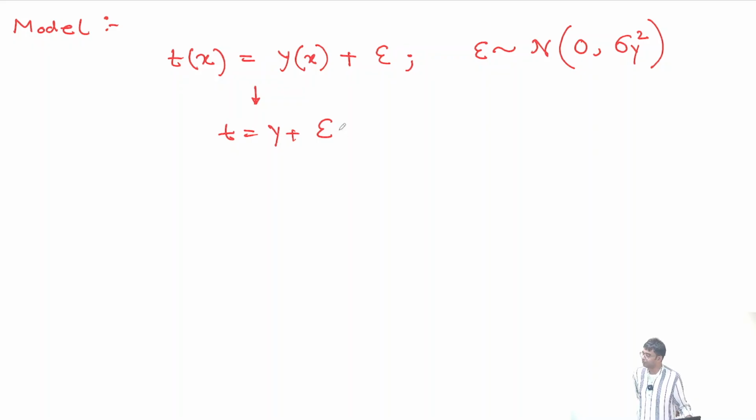We are assuming this y is w0 plus w1x plus w2x squared. So we are representing this y as a parametric model, parameterized by the weights, so that our objective was not to find out y, but to find out the weights, the w's, the unknowns. That is exactly what we did in response surface method.